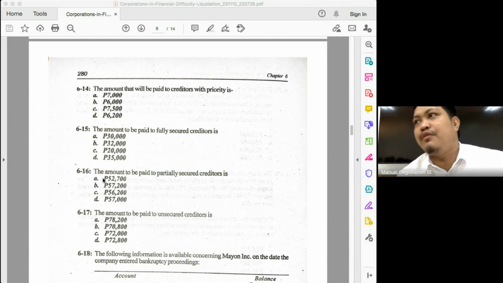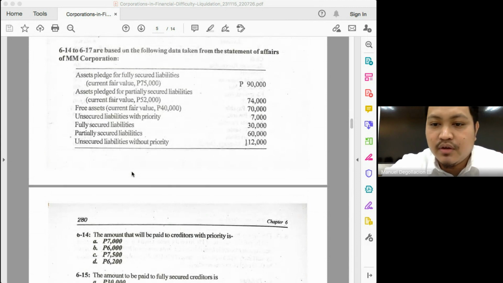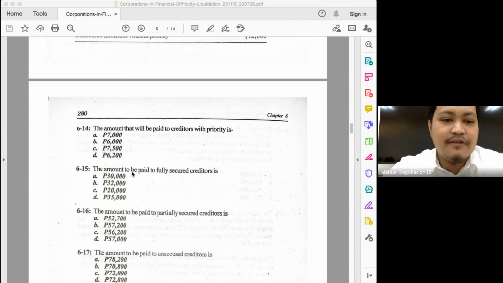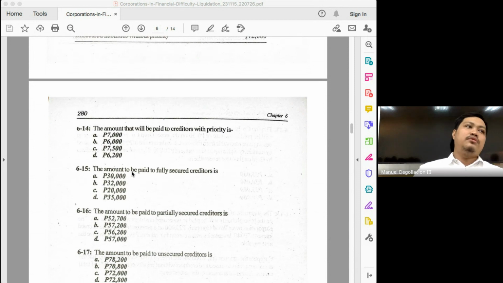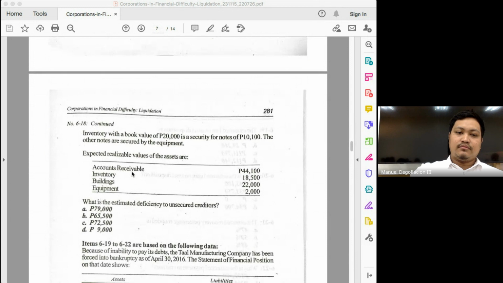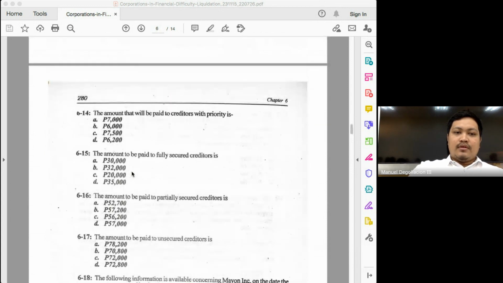And how much is the value of the security class pledged to partially secured? 52. So 52,000 plus 5,200 will give you 57,200. And that's it.